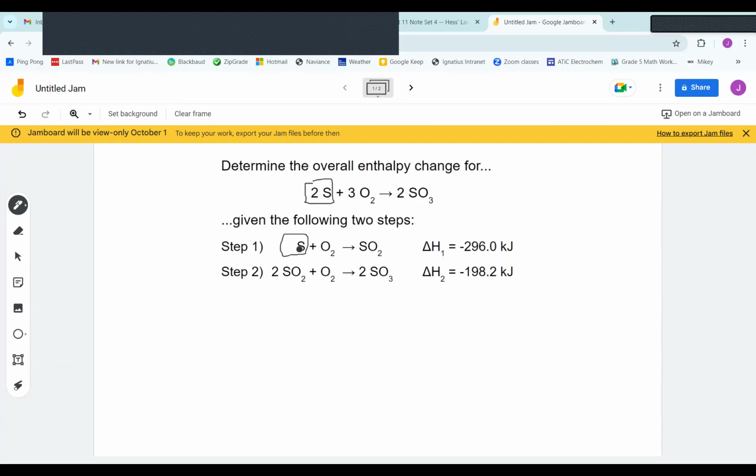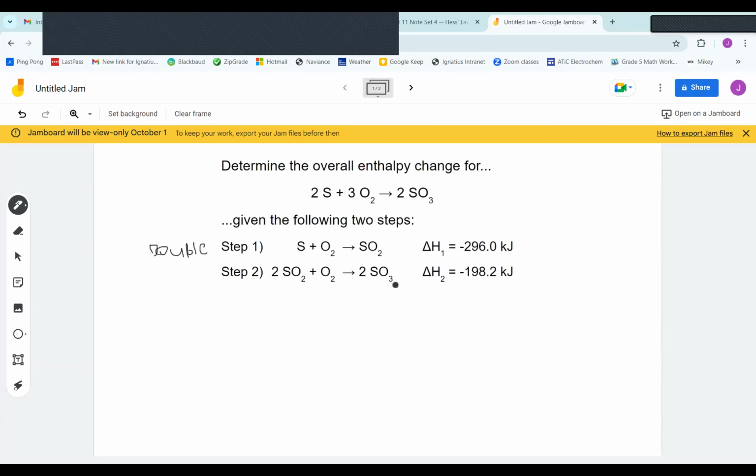So then I'm thinking to myself, what do I need to do to sulfur in step 1 to make it look like the sulfur in the overall equation? I'm not going to reverse the equation. I'm going to keep it in this order, but I do want to double the coefficients. So our strategy is to double step 1.